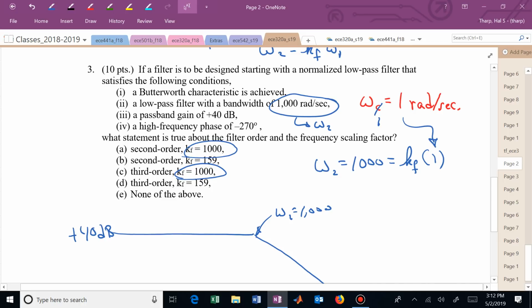Something bigger than 1,000 radians per second, and if we want our phase to actually be finished contributing or to be leveled out after it's been sloping or changing, we want to be a decade beyond the last break frequency. Our break frequency is 1,000, so high frequency here would be 10,000.